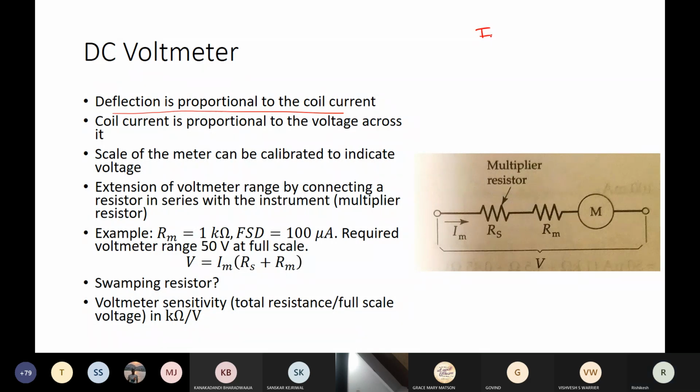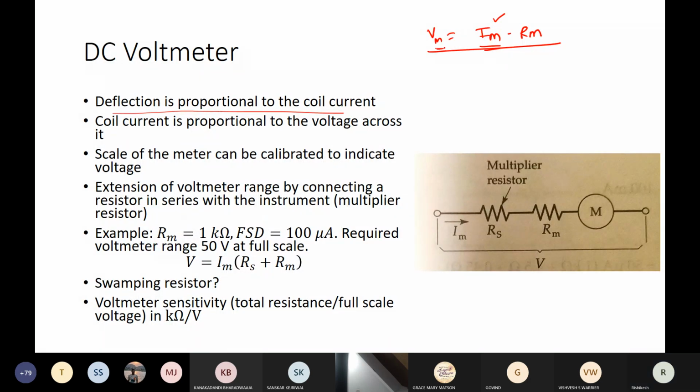We know that Im is the current flowing through resistance Rm, that is, the meter resistance. So Im into Rm will give me the voltage range which the meter can measure. We have seen that this is of the scale of a few microamperes or a few milliamperes, and Rm is less than 1 kilo ohm most of the times. So the voltage range which it can measure is also quite small.